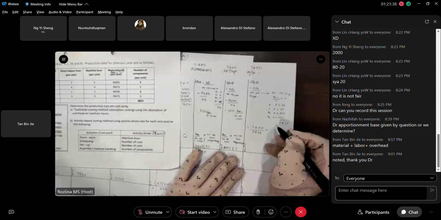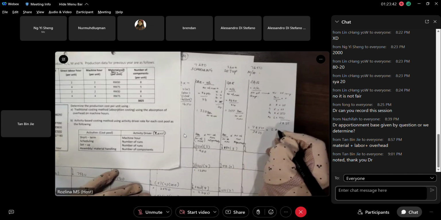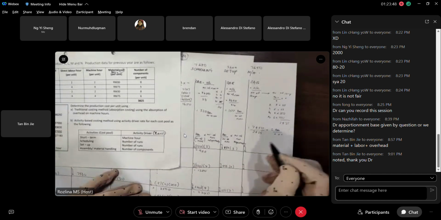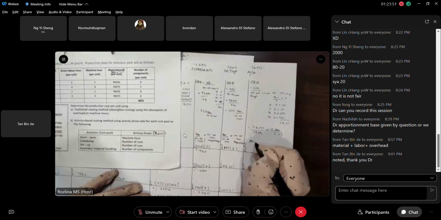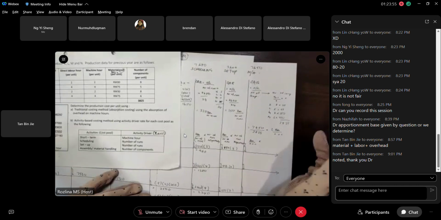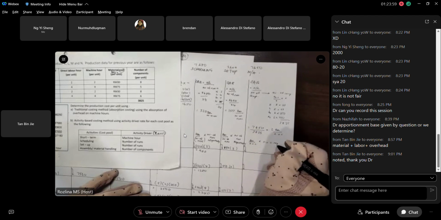So you will get RM2 kan? RM2 per number of components. Okay, unit dia sekarang ialah RM per number of components. Tak dapat RM lagi. So kena darab masing-masing lah, and number of component respectively.